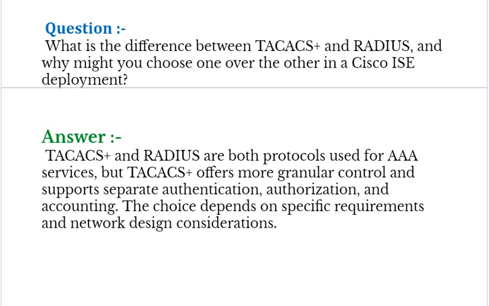Your answer should be TACACS+ and RADIUS are both protocols used for AAA services, but TACACS+ offers more granular control and supports separate authentication, authorization, and accounting. The choice depends on specific requirements and network design considerations.